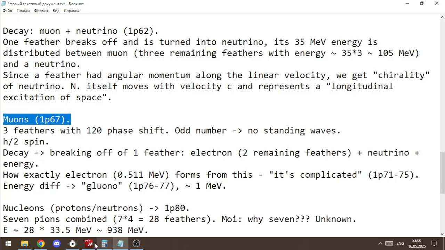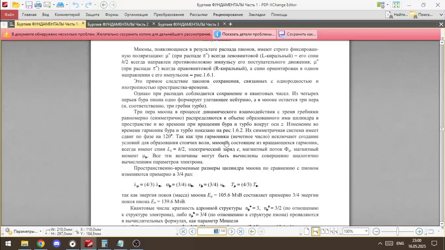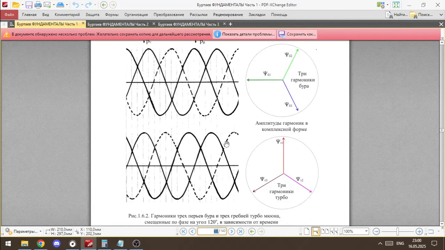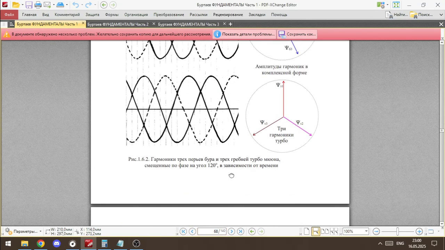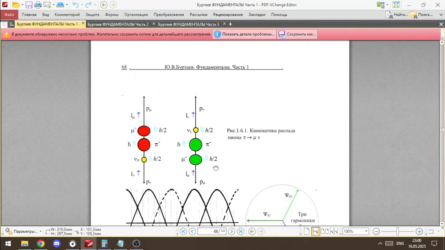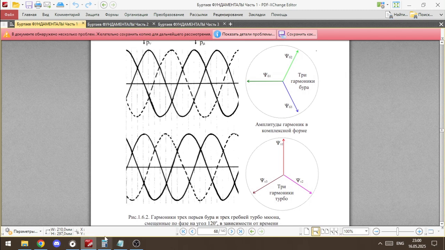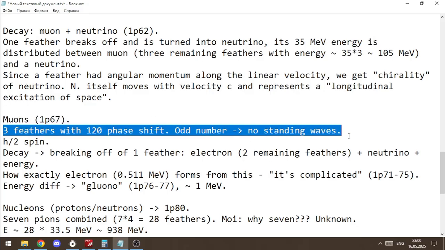Thus, muons are just 3 feathers combined. So they are separated by 120 degrees, right? Something like that. Like a 3-phase generator or something like that, 3-phase electric motor, right? To 120 phase shift. Since it's an odd number of feathers, there are no standing waves possible.